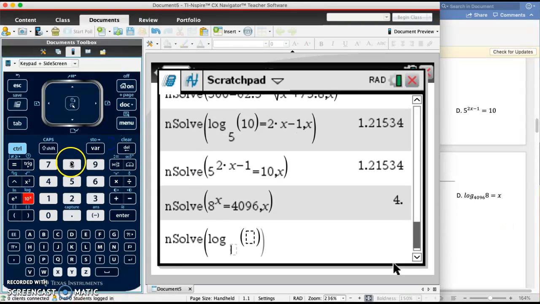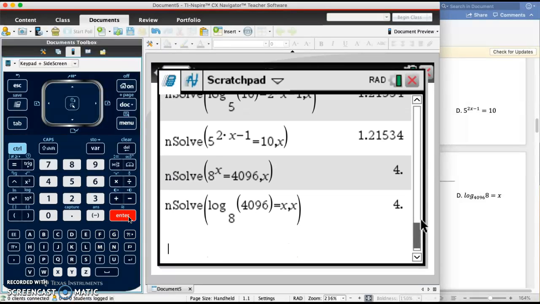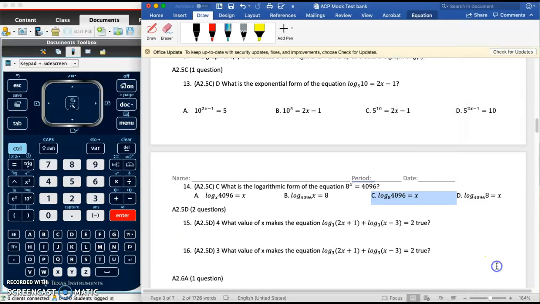Control log to the base 8 of 4,096, equals x. Here we go, comma x, and I go enter. Boom, there's my answer, 4. So that's how I know C is the right answer. All the other ones come up with a different answer.